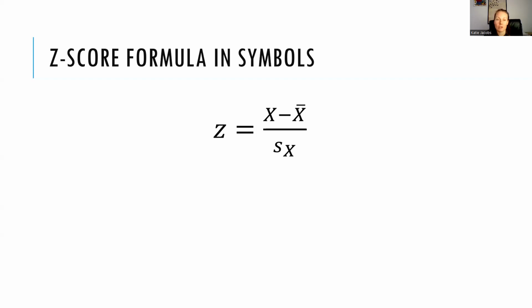It'll also be our symbol when we move on later to something called a one sample z-test. So this will be for two different things. But for this unit, this is our symbol for z-score, equals x minus the mean. So x minus the mean, we've done that before, that's a deviation score, divided by s sub x, and what that's saying is it's the standard deviation of your x's. And so all we're trying to see here is how many standard deviations your score is away from the mean. That is what a z-score is.